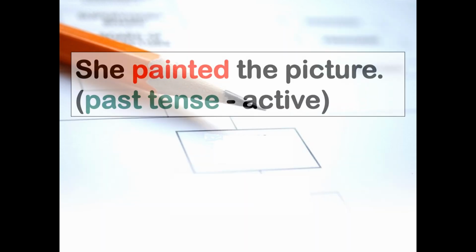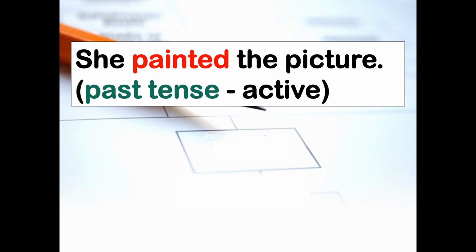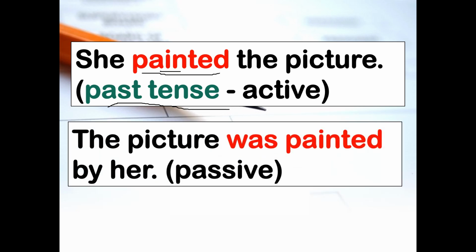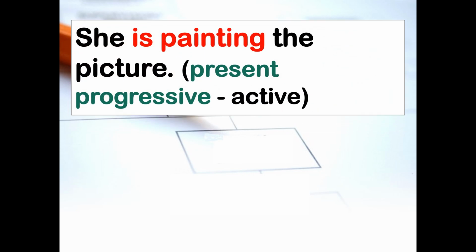Now let's try to have another sentence. What if the given is a past tense? So since the given is painted, you can now answer it with this one. The picture was, so you are now allowed to use was painted by her. Let's have another sentence. She is painting the picture.